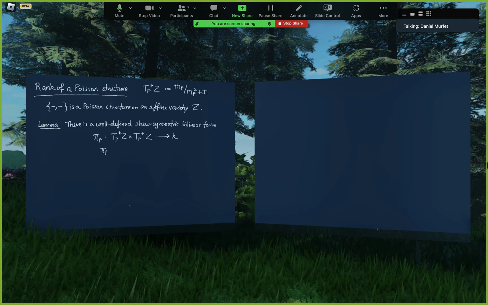How is it defined? Take a pair of cotangent vectors, or what's the same, just elements of MP, modulo that smaller ideal. Pair them.